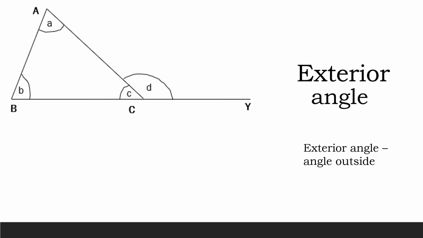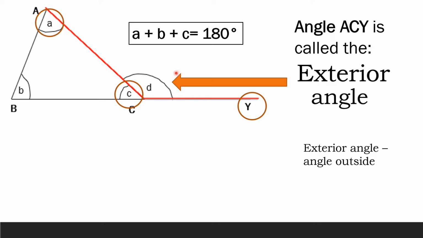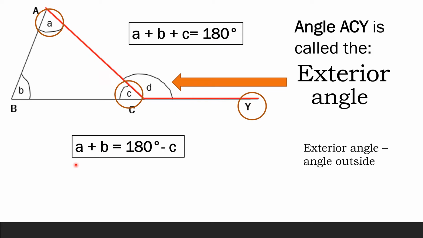Exterior angle. In our example here, the exterior angle is ACY. We know that A plus B plus C is equals to 180 degrees, which means that A plus B is equals to 180 degrees minus C. So D, which is the exterior angle, plus C is equals to 180 degrees because they are lying on a straight line.